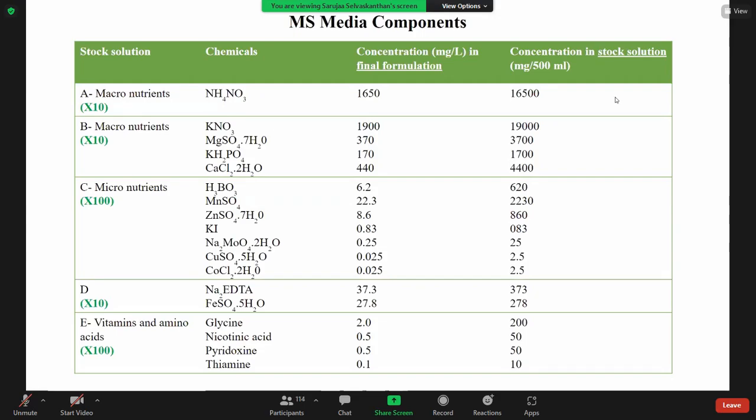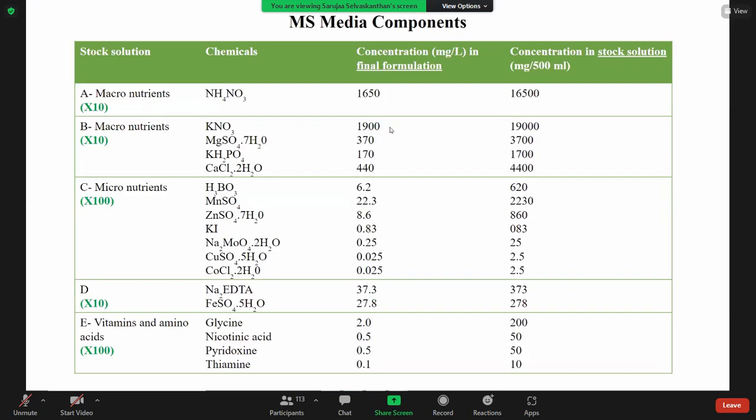The stock solution B, if we are going to prepare, we have to take potassium nitrate. This is tenfold again. Stock B, we have to prepare tenfold. So again, this is the final formulation: 1900 milligram should be present in 1 liter.